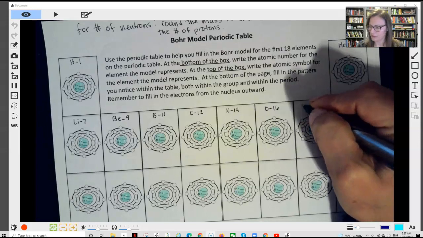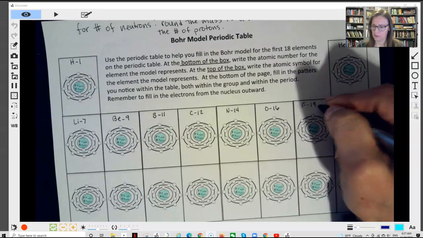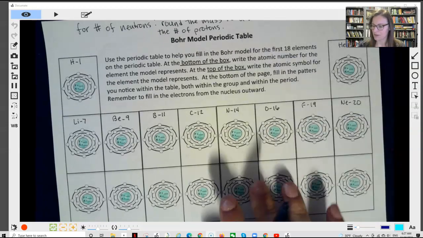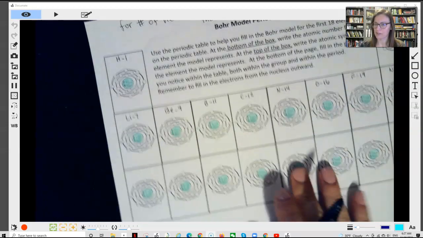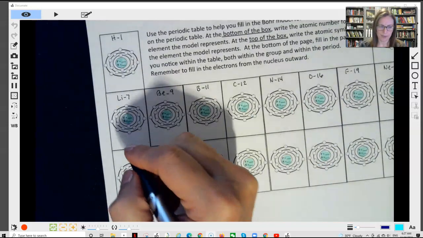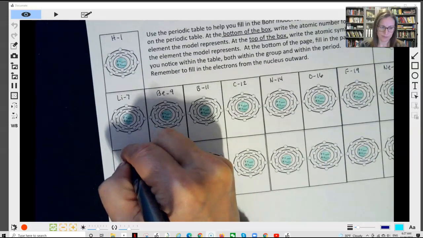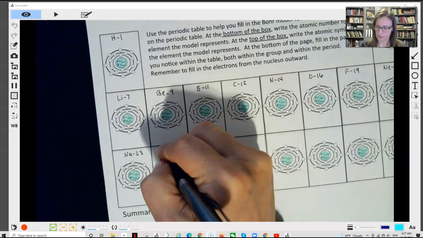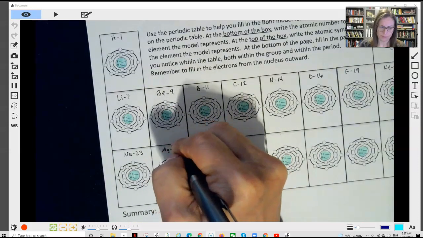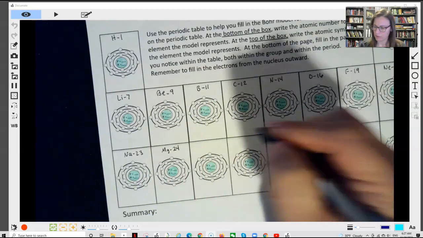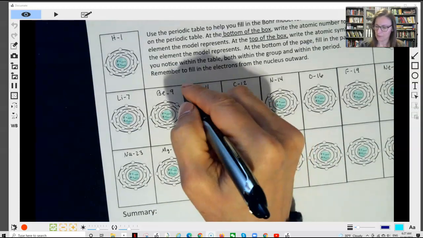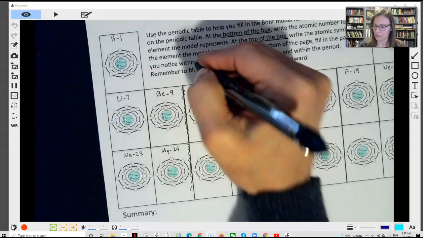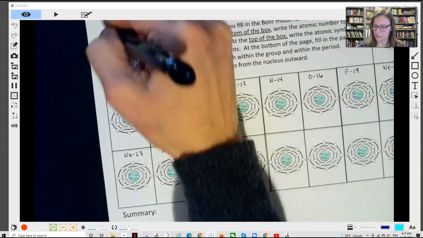Fluorine 19, neon 20, going down to the third period now. We have sodium 23, magnesium 24, aluminum 27. So remember, this is where we skip over all the transition metals, or we jump over to 3A.